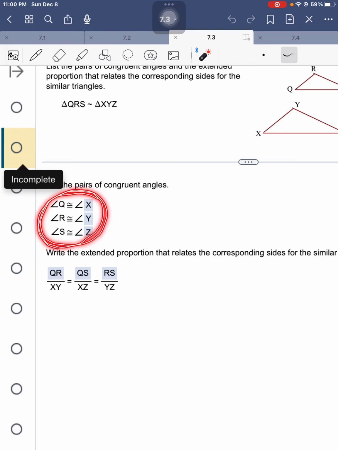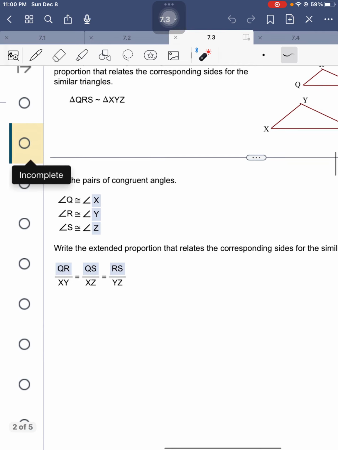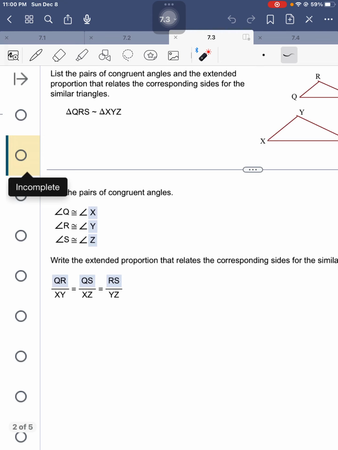I know that their corresponding angles must be congruent. How do I know that these are the corresponding angles? Because Q is to X, R is to Y, and S is to Z. We already learned that like chapter 3 or something like that.